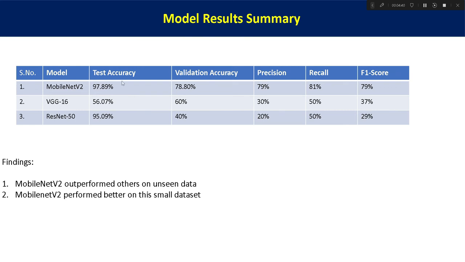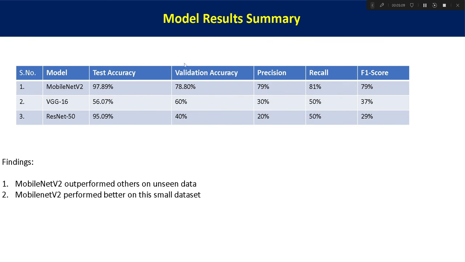The actual performance can only be validated on unseen data. You can see that our MobileNet V2 performs well, 97.89%, whereas ResNet 50 also performed well with 95.09%. But VGG16 actually fails to detect any pattern, and it has only 56.0%, which is almost random.